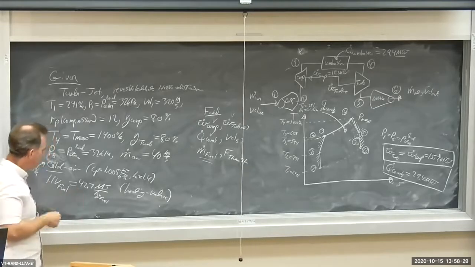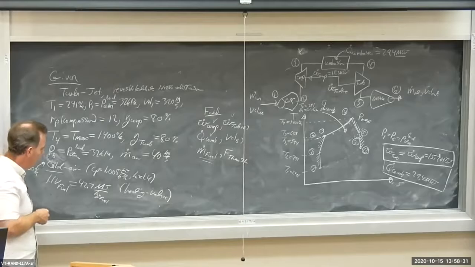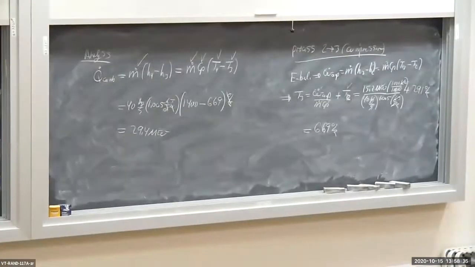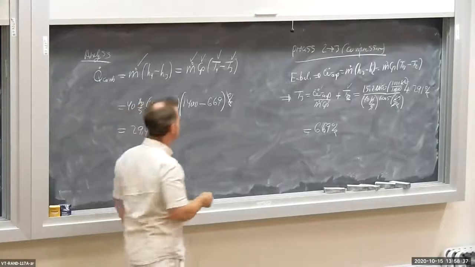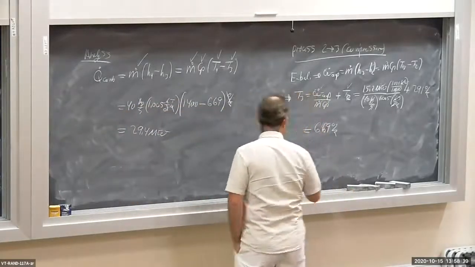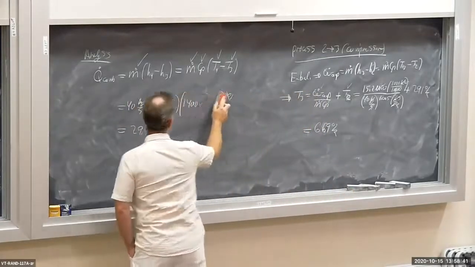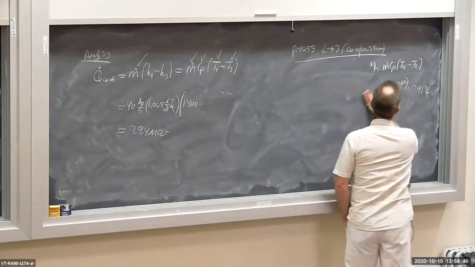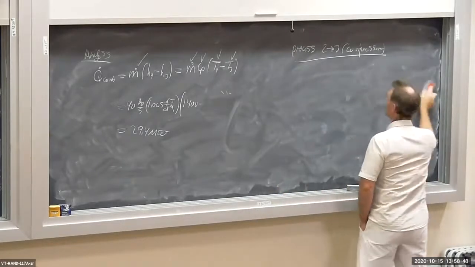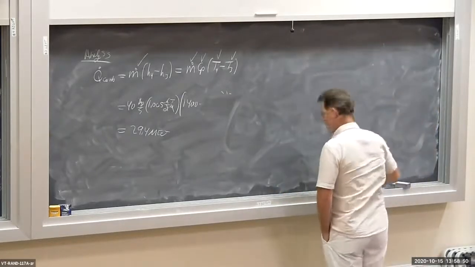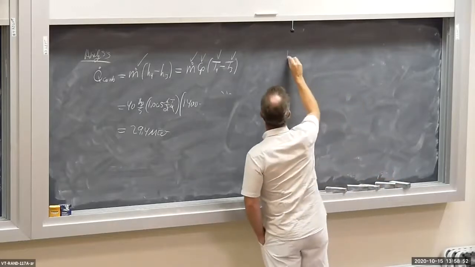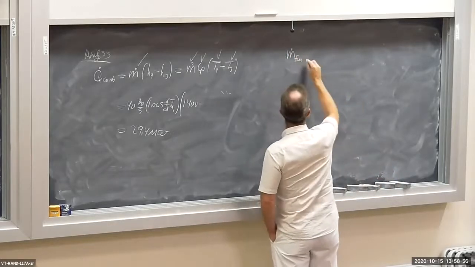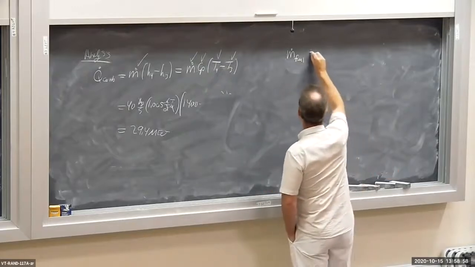The heating value is 42.7 megajoules per kilogram of fuel. So let's calculate M dot for the fuel.